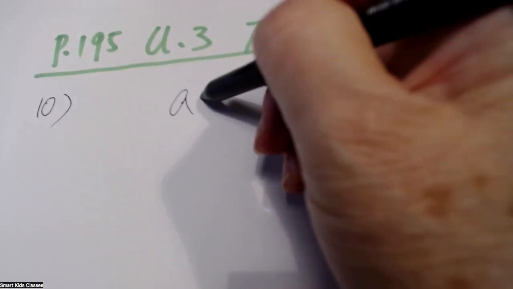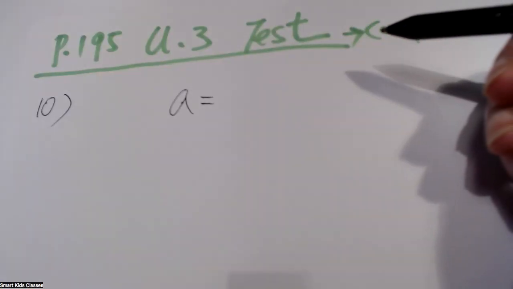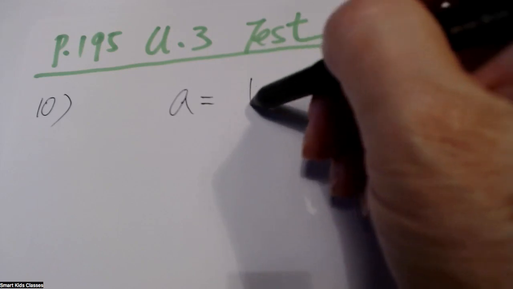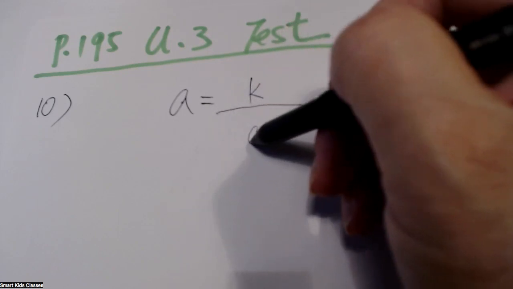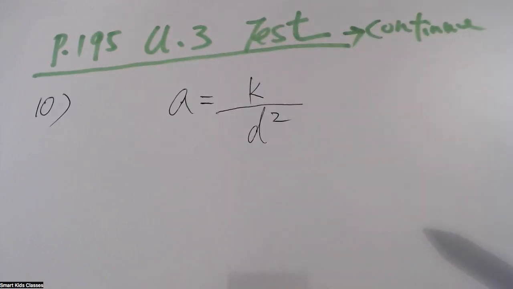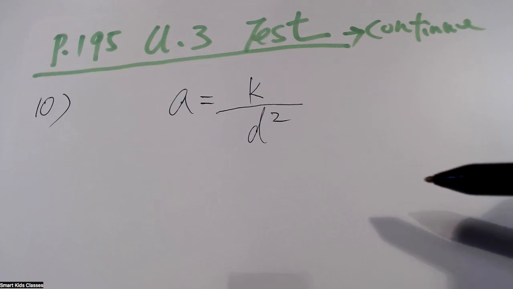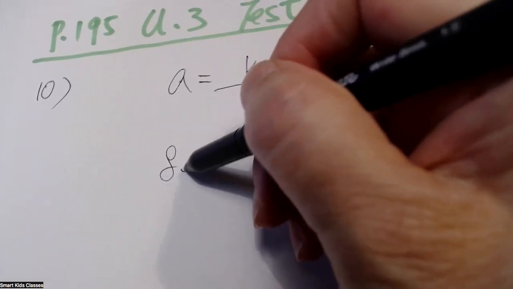So we're going to write acceleration is equal to a constant number divided by the distance squared. Now the acceleration provided in the book is 8.2.